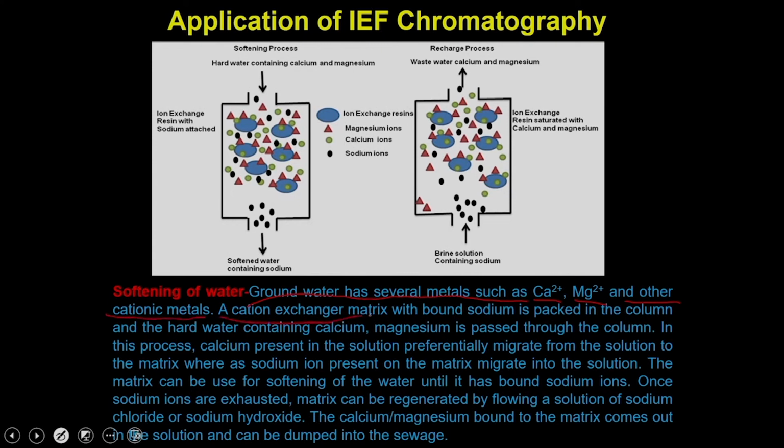A cation exchange matrix with bound sodium is packed in the column. Now you flow the hard water containing calcium and magnesium, and the calcium as well as the magnesium displaces the sodium from the matrix.